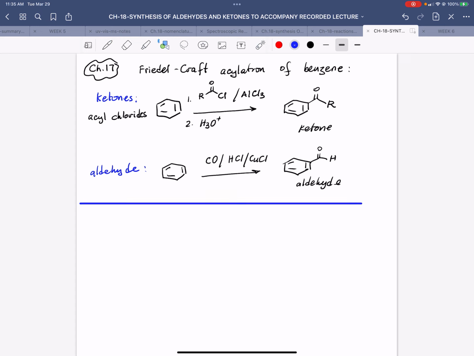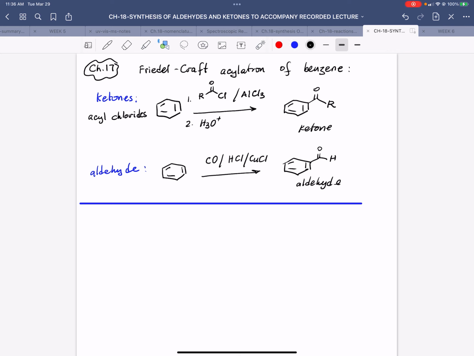Where else can we gather the information for formation of the ketones? Okay, so this reaction will be just for synthesis of ketones, and where we can get further information is the reaction of Grignard reagent with the aldehydes to produce an alcohol and then convert it into a ketone.